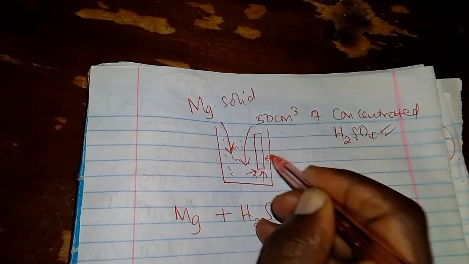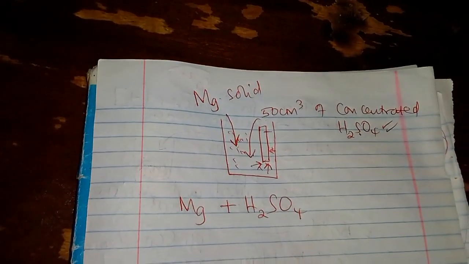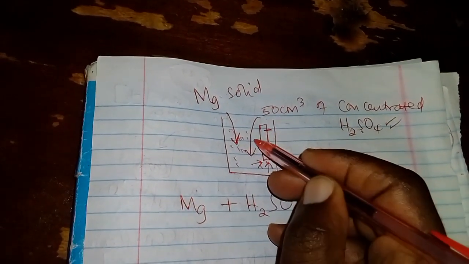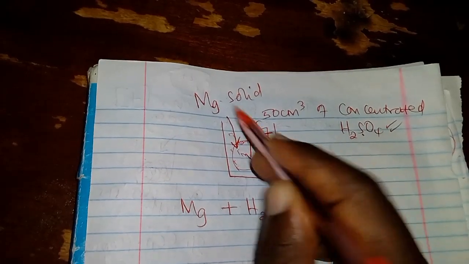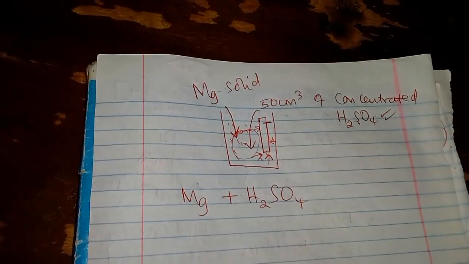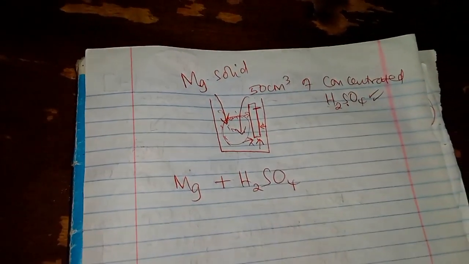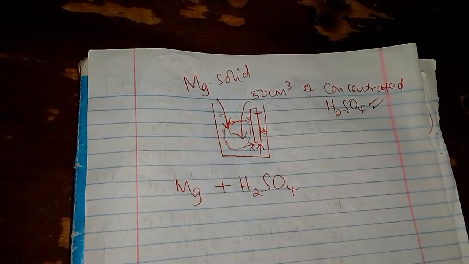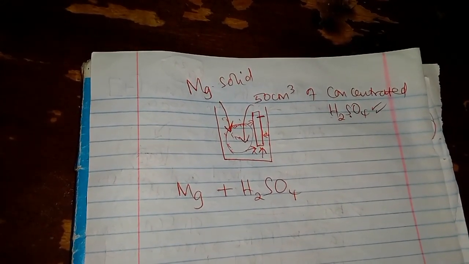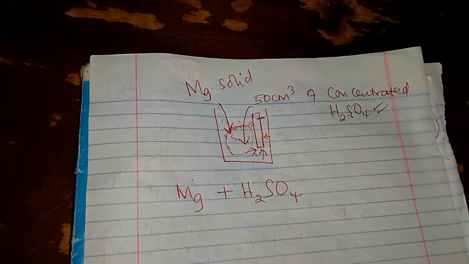When the system gives heat to the surrounding, the reading on the thermometer will rise. That makes it possible for the reading on the thermometer to rise, to show that the reaction is exothermic.